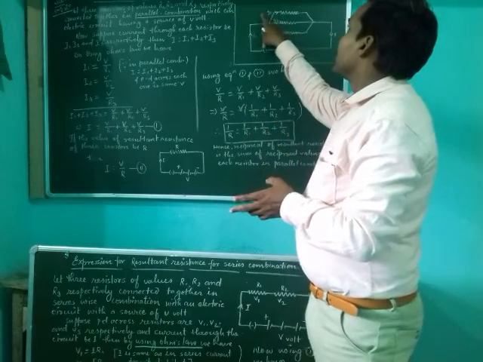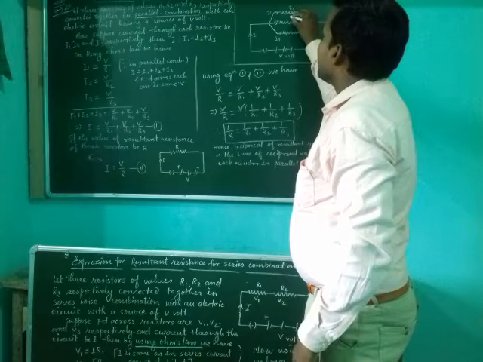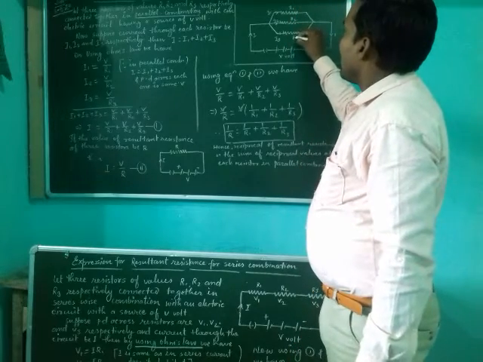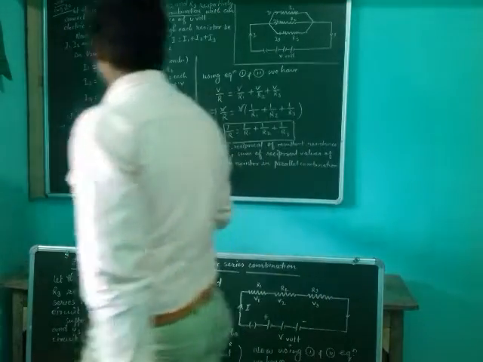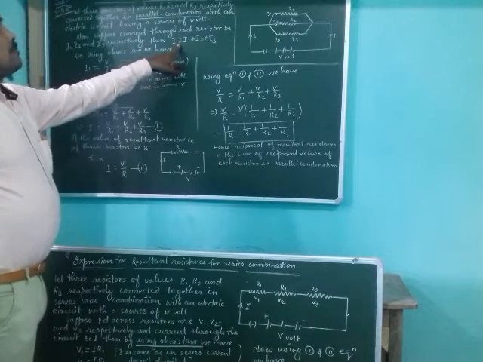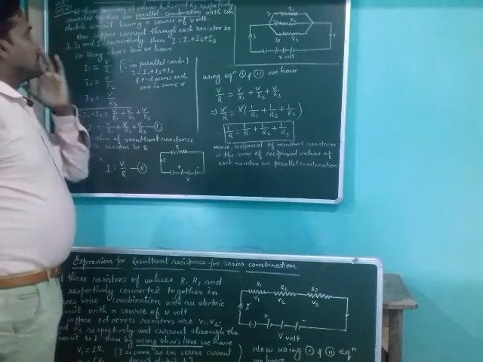So I have assumed here I1 through resistor R1, I2 through R2 and I3 through R3. In parallel combination, you know very well I is equal to I1 plus I2 plus I3.